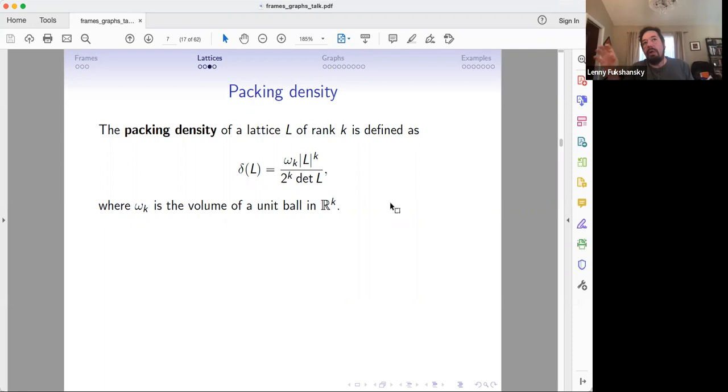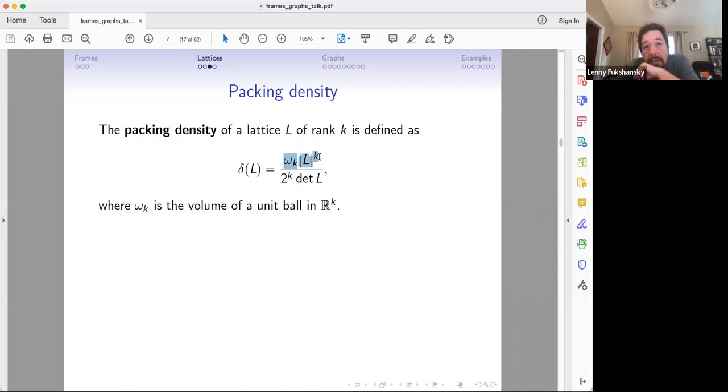The way to construct a lattice packing is by inscribing a sphere into each Voronoi cell. The radius of such a sphere will be the minimal norm of the lattice divided by 2. So this omega sub k is just the dimensional constant, the volume of the unit ball in R^k.